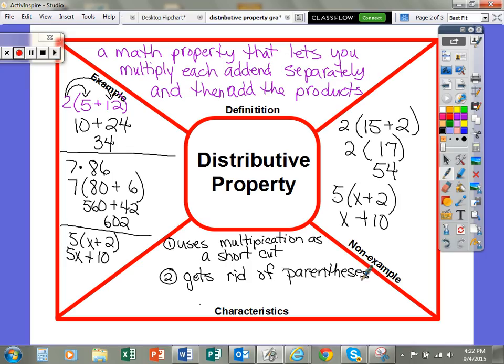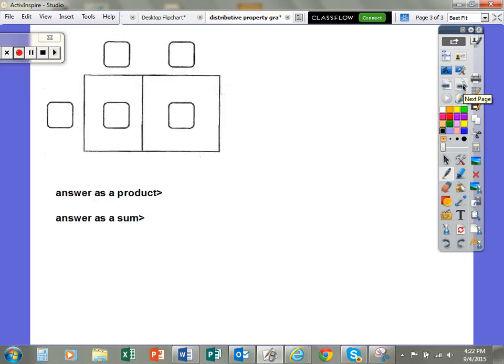Now let's try some examples together. Let's say we have the problem 2 times the parentheses of 4 plus 12. We can use a graphic organizer to help us see how to write this.